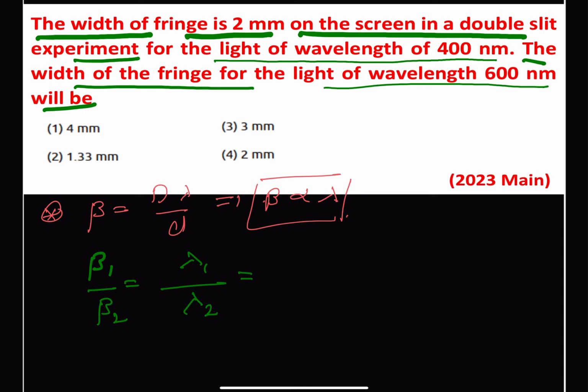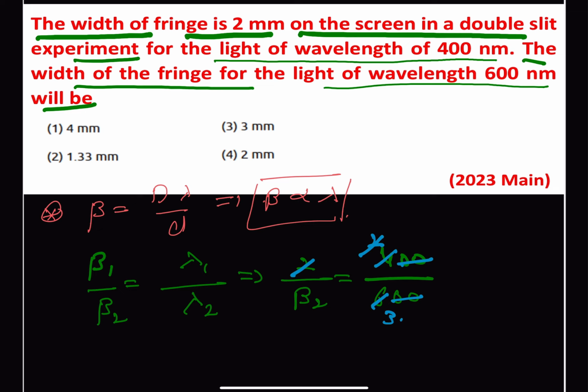A fringe width of 2 mm is given to us for the wavelength of 400 nanometer, divided by our beta 2, and the other wavelength, lambda 2, is 600 nanometer. The zeros cancel with zeros, the 2 goes with this 2, and this goes by 3.